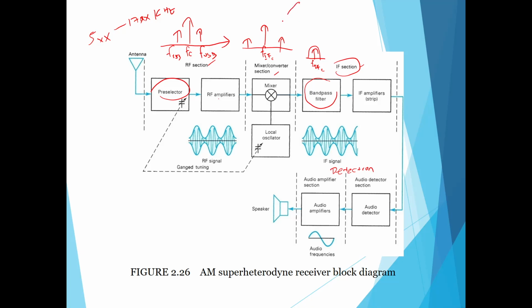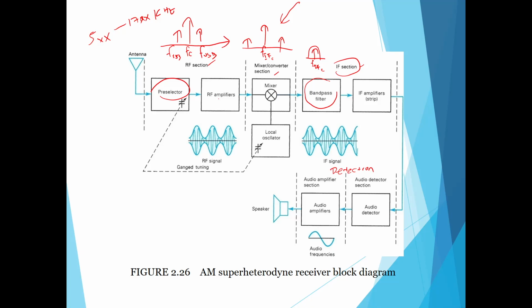Previously, we have more than one channel, but in the IF section we further select the bandwidth to become only a single channel, because when we want to listen to a radio station, we cannot listen to more than one radio station simultaneously. If I want to listen to radio, I cannot listen to 2 or 3 radios at the same time. I have to listen one by one. I want to listen to radio station X, so I need to listen to X radio station. I want to remove the others.